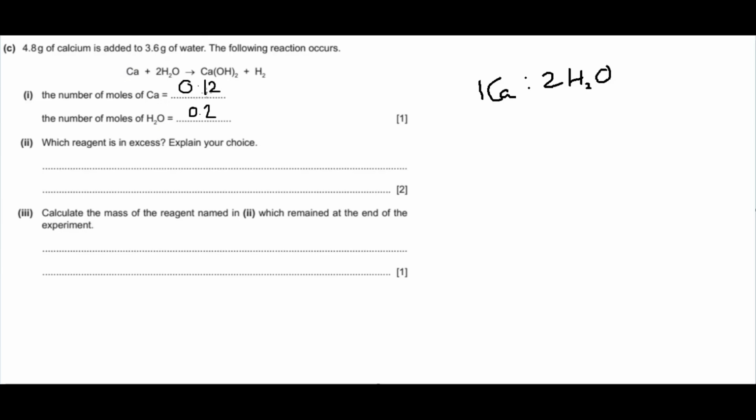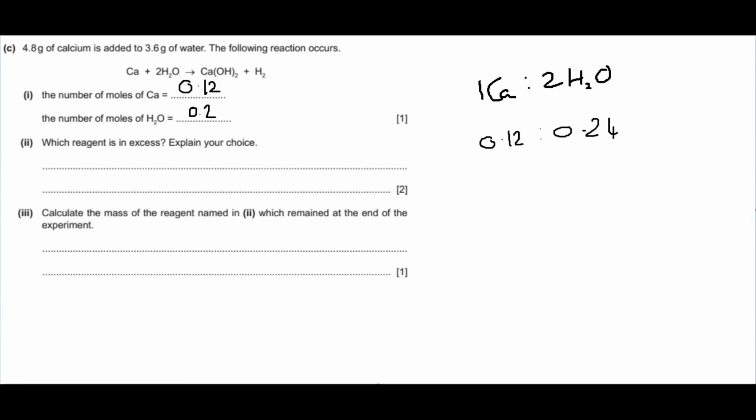So I need to work out how much water should react with my calcium. 0.12 moles should react with, multiply that by 2, 0.24 moles of water. What that's telling me is I need 0.24 moles of water to completely react with all of my calcium. Do I have 0.24 moles of water? No, I only have 0.2.